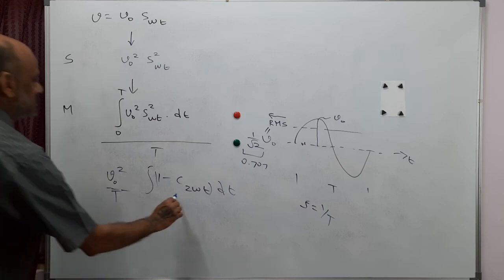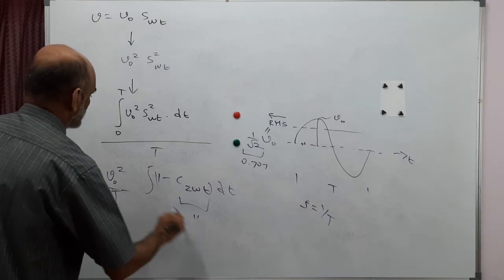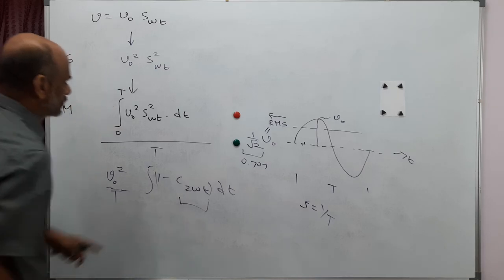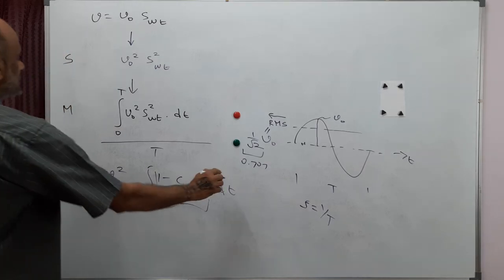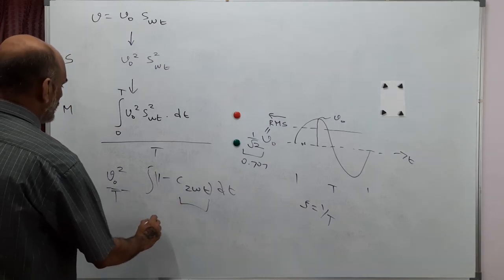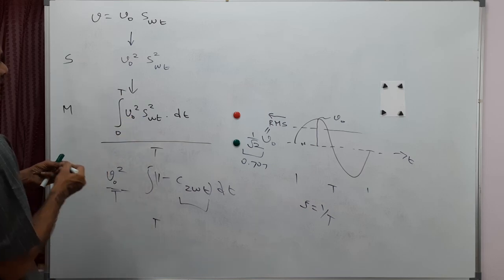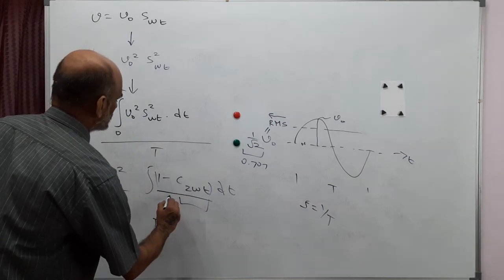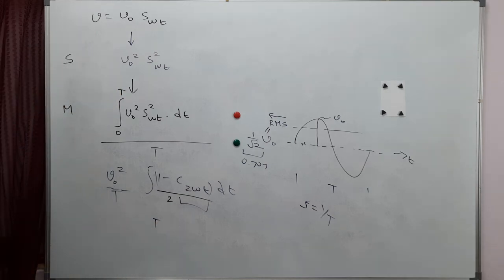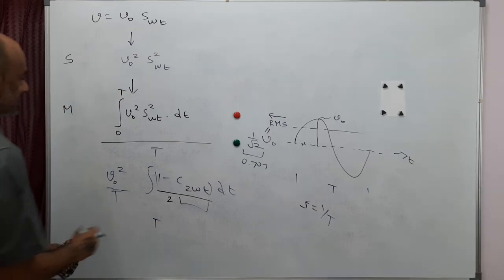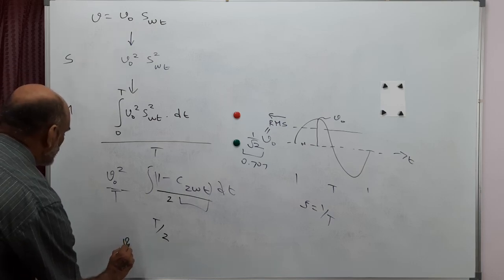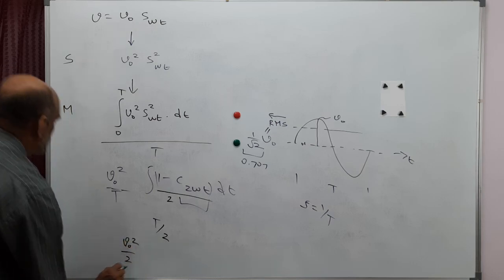So this part, the average will be 0. Only the first term will contribute, it will be just dt. So I'll have T, and in this formula there is a half, since sine square is 1 minus cos divided by 2. So I'll get T by 2 into this, and that will give me V naught square by 2.